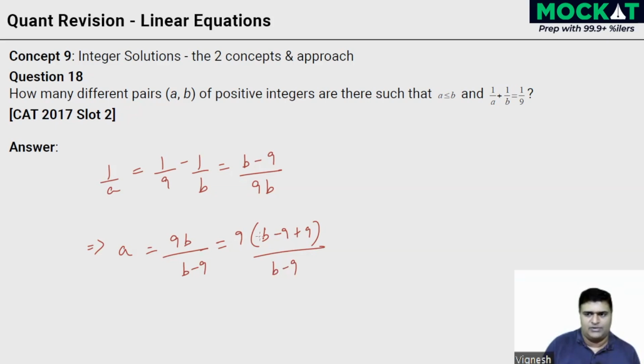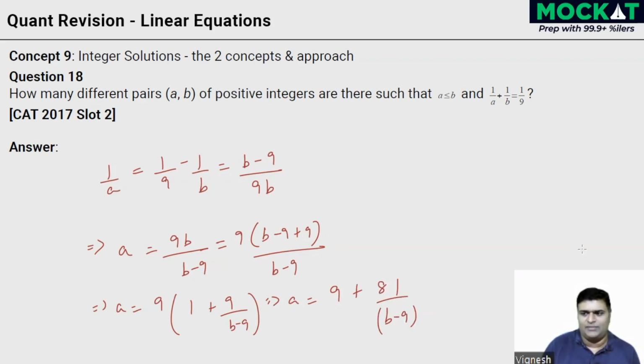So A equals 9 times B minus 9 divided by B minus 9, which is 1, plus 9 by B minus 9. And what have we seen before? We can't have a constant outside. We have to multiply it inside. So A equals 9 plus 81 into B minus 9.